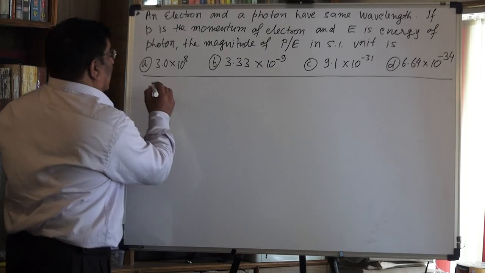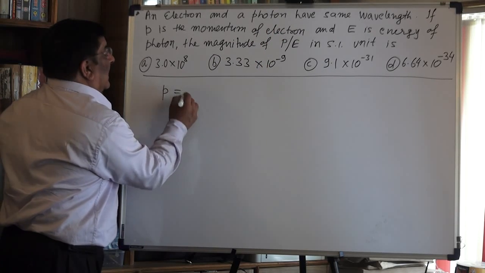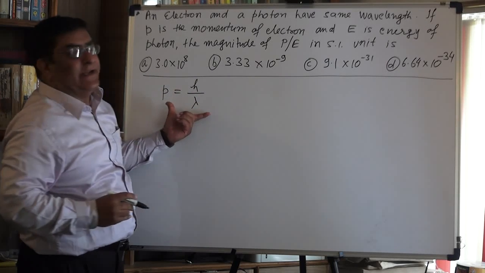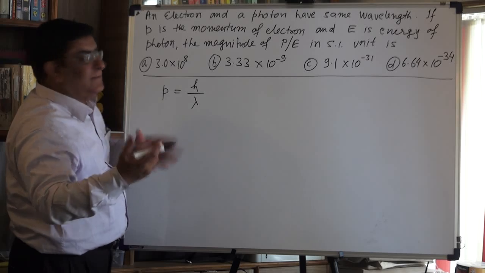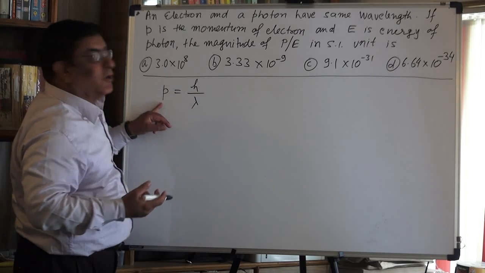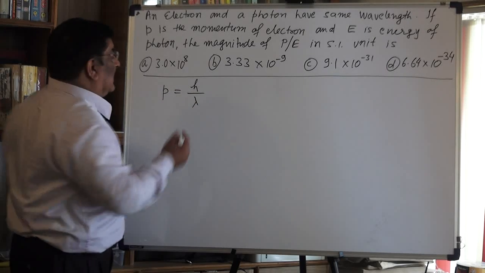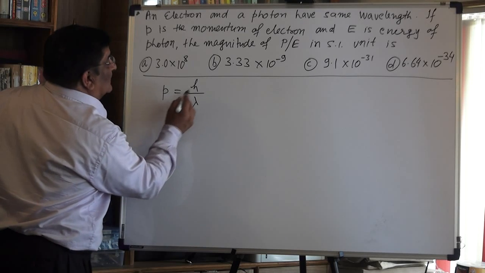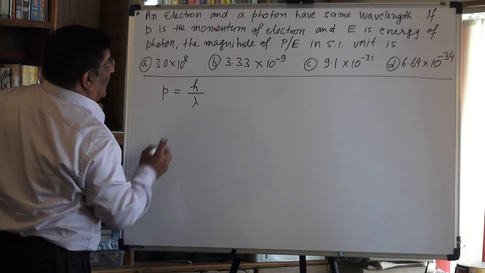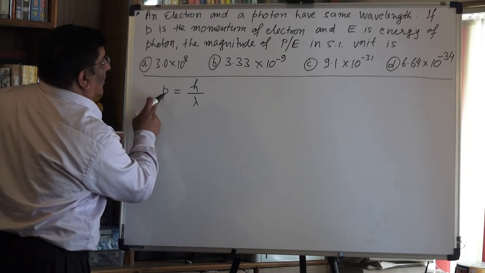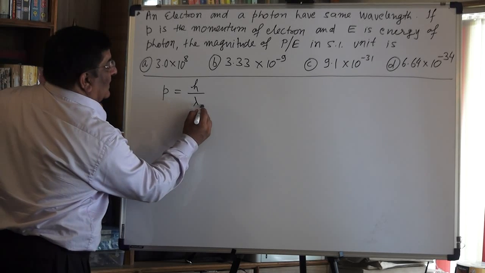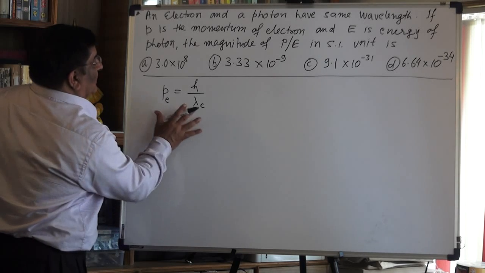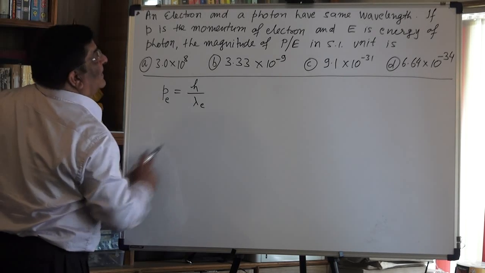And we all understand that momentum P has the relation h upon lambda. This we have studied in case of photon. The same is for electron because of the dual nature and because of the matter waves. Now P is equal to h upon lambda, where lambda is wavelength of electron. Okay, this is the relation for P.